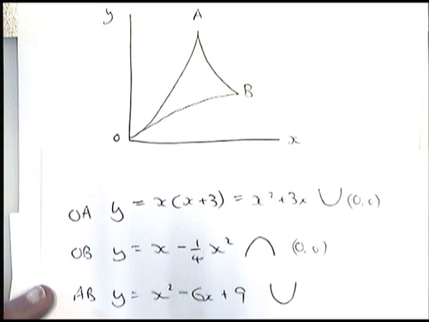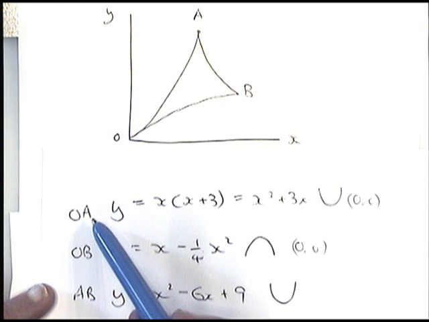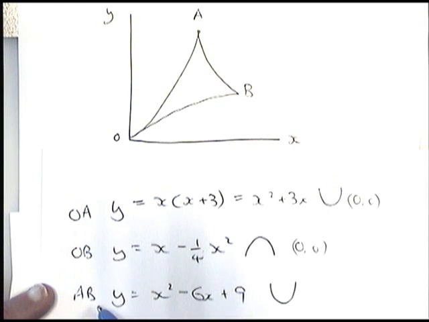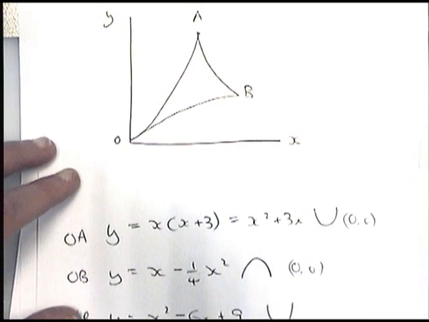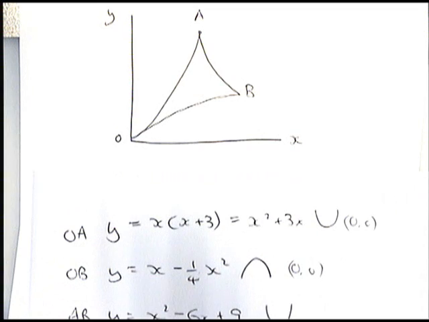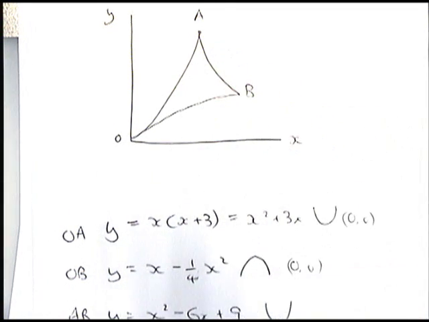The next part of the question, we've got to find the coordinates of A and the coordinates of B. The coordinates of A is where the curve OA and the curve AB are equal to each other. It's where they meet. So to solve this, I'm going to put the equation for OA and the equation for AB equal to each other.